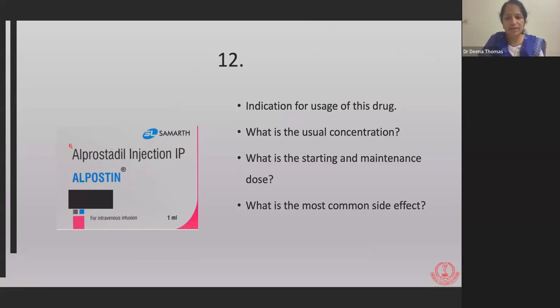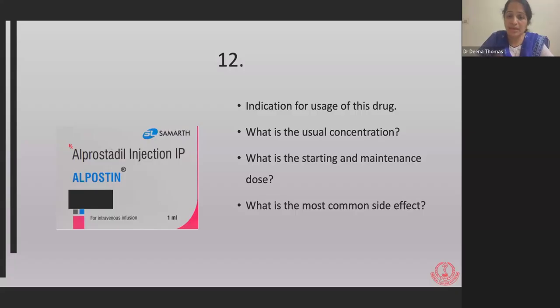I have started getting side effects. Very good. Dr. Manju has answered it. The strength is 500 microgram per ml. Apnea is the most common side effect. That is the one side effect that we should be very wary of when we are administering alprostadil injection.